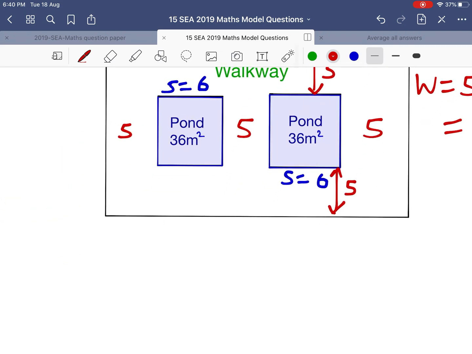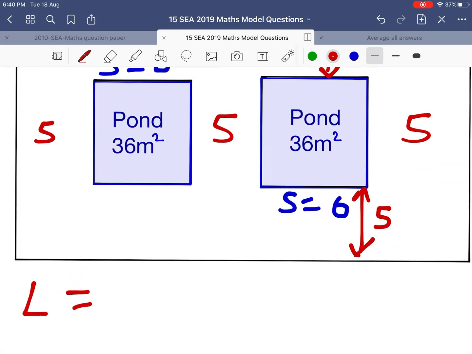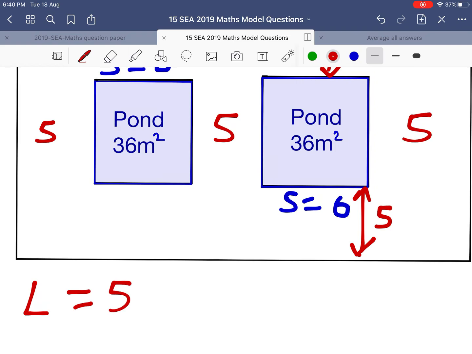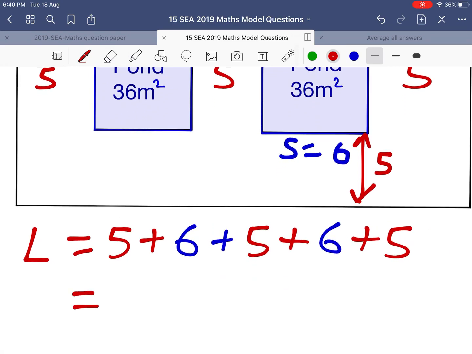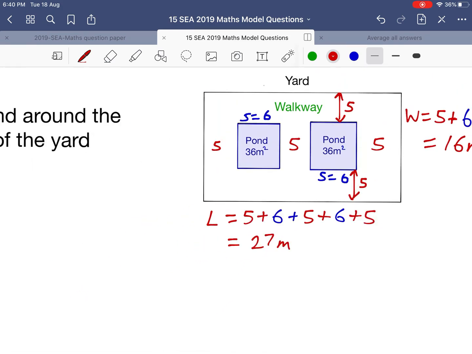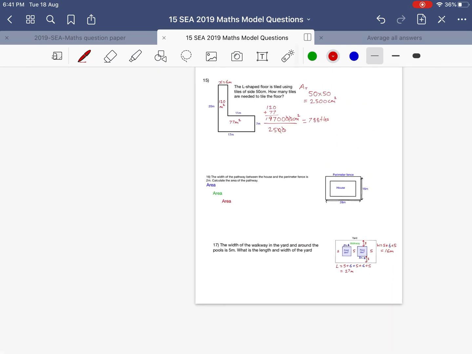So the length is equal to 5 plus 6 plus 5 plus 6 plus 5. When we add this up together, we will get 27 meters. And that's your answer, width 16 meters and length 27 meters.